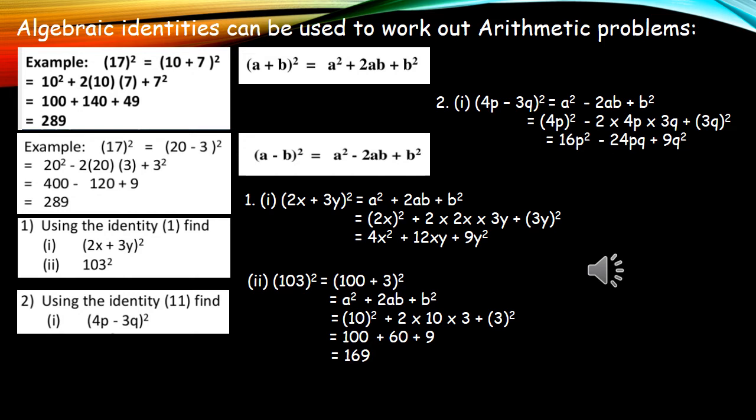So it can be written as 20 square minus 2 into 20 into 3 plus 3 square. 20 square is 400, minus 2 into 20 into 3 gives us minus 120, plus 3 square is 9. So 400 minus 120 plus 9 is 289. So both ways we are getting the same answer.